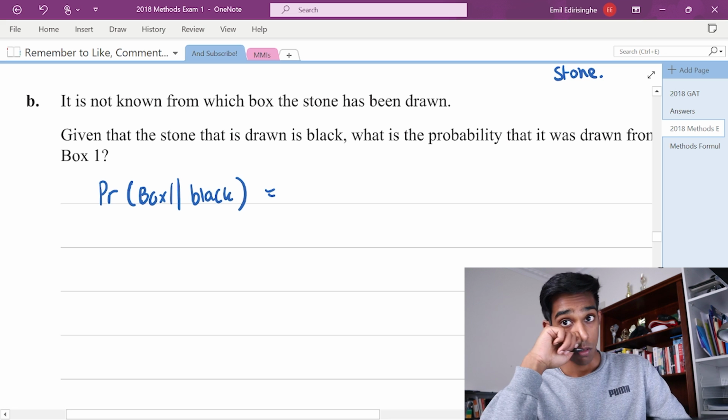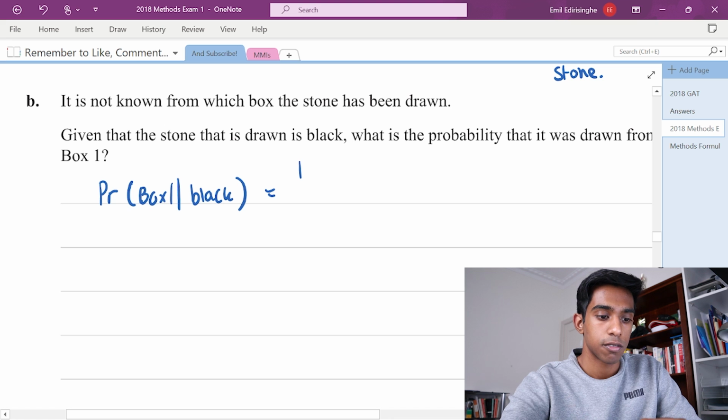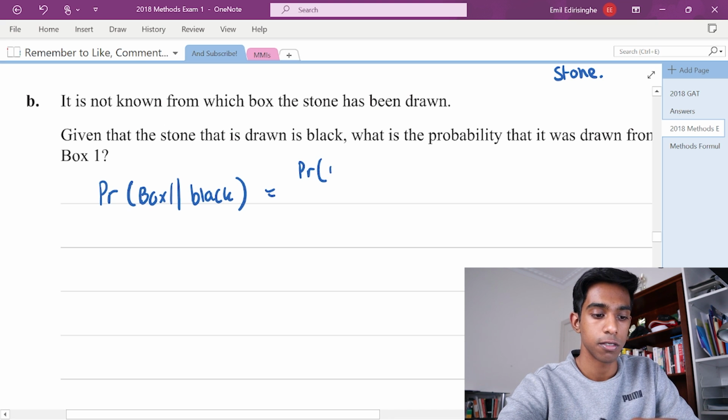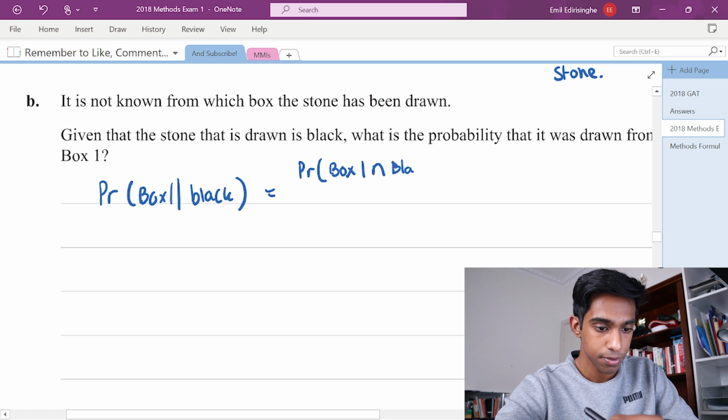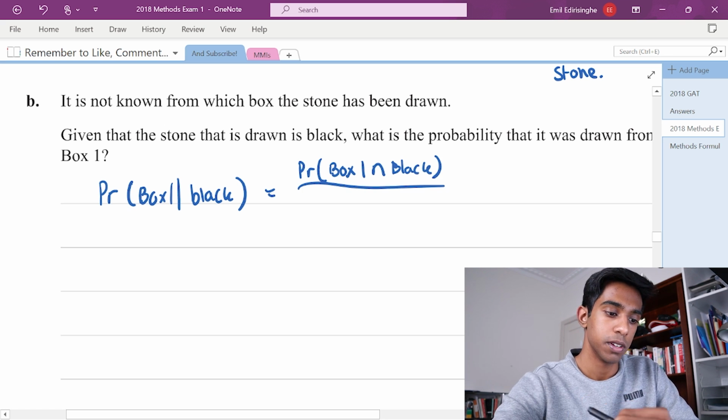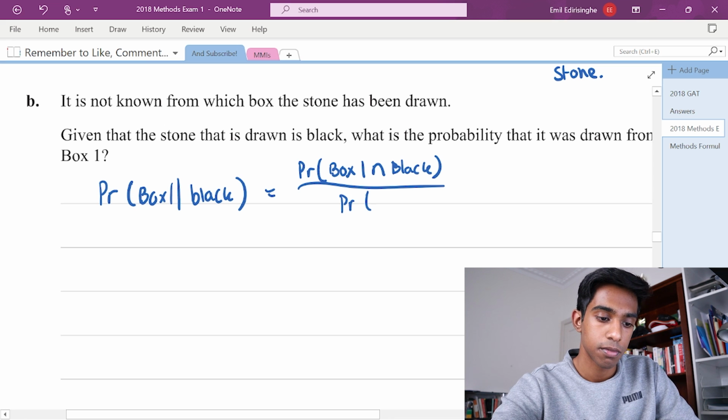So this gives us, from the probability equation, the probability of it being in box 1 and being black, over the probability that it is just a black stone.